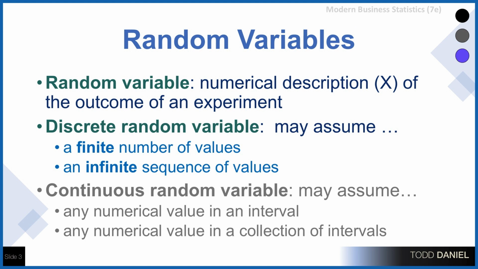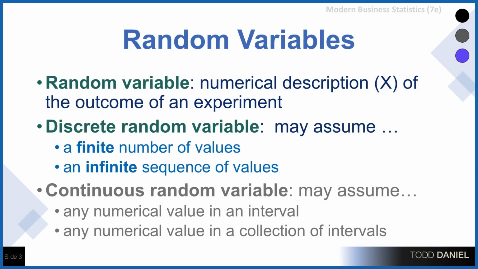The discrete random variable, which may assume either a finite number of values or an infinite sequence of values. And before I unpack that, I'll also mention the continuous random variable, which may assume any numerical value in an interval or any numerical value in a collection of intervals. That will be our topic for next week. So this week, we're only going to focus on those discrete variables.